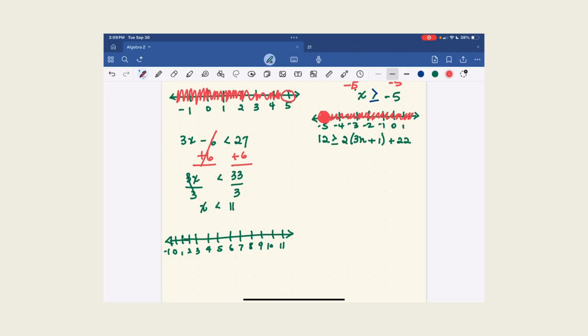So this is less than, so open circle to show that 11 is the boundary, and then we shade in all of the values that are less than 11.